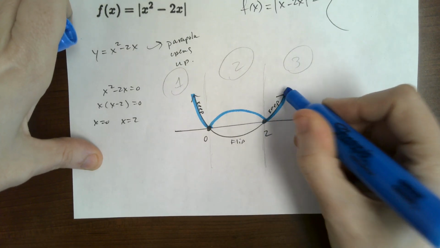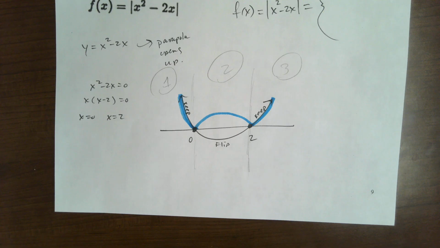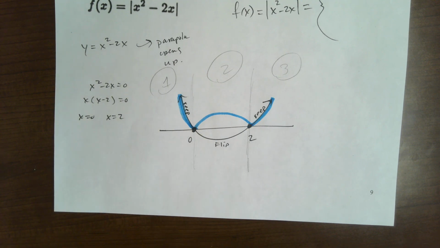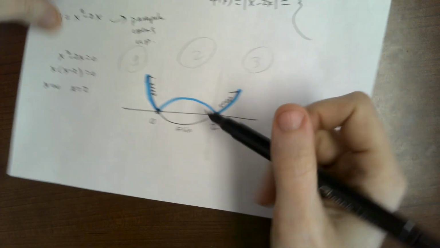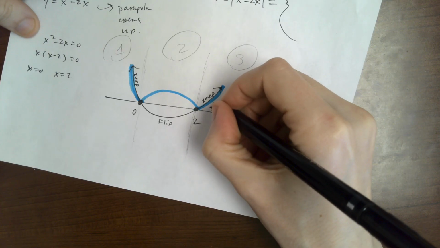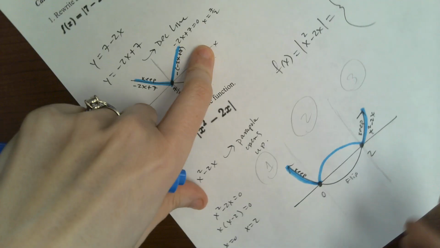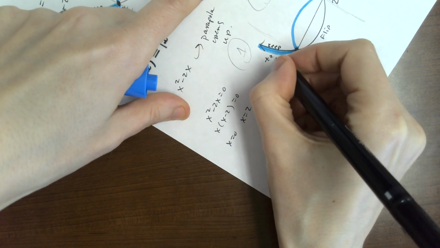Okay, so the blue graph is the graph of the absolute value. We could see that it is in 3 separate parts. Now the sides that we're keeping, we just are using x squared minus 2x as our pieces.